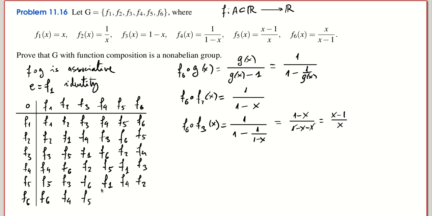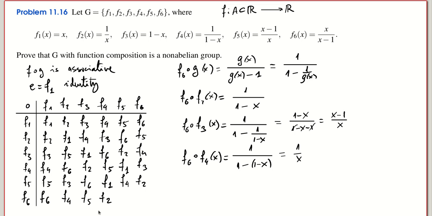All right, then compose f6 with f4, and then we get 1 over 1 minus f4 is this, so the reciprocal of this is 1 minus x, and that is just 1 over x, and that is f2.